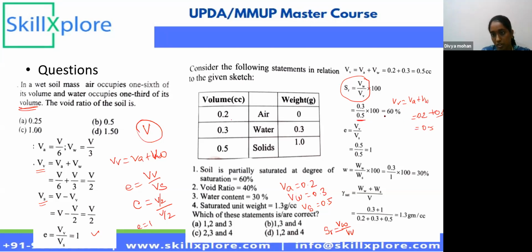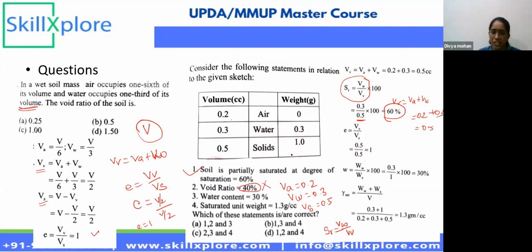Substituting 0.5, we find the percentage is 60%, so this condition is correct. Next, void ratio. The void ratio formula is VV by VS. VV is 0.5 and VS is 0.5, so e is equal to 1. However, they have given the void ratio as 40%. It is not 40%, it is 1. So this condition is wrong.